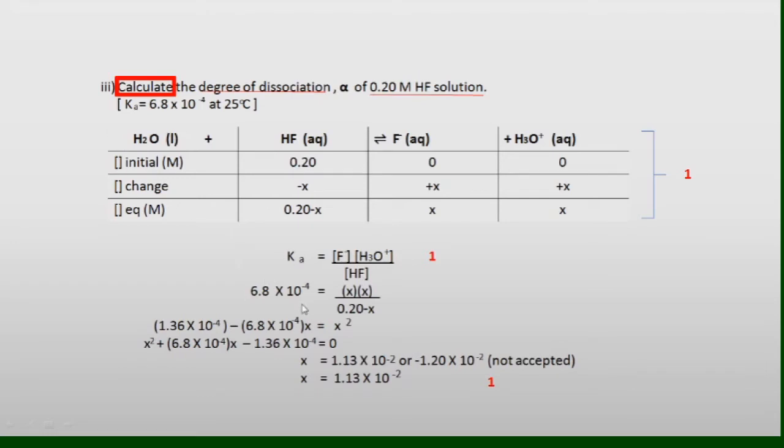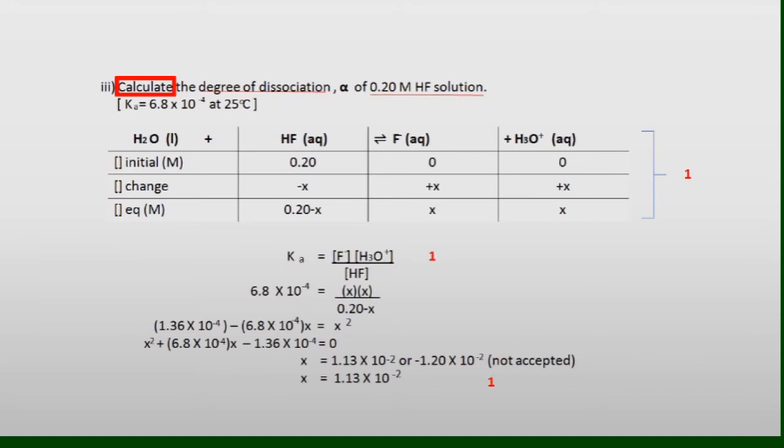Then we substitute the values that are given and the values from the ICE table. So we will get 2 answers, positive and negative, but we ignore the negative because it's not accepted, as there are no negative values. Then we will get X equal to this. So we will know that X is equal to the H3O+. Then we answer the question. The question was the degree of dissociation.